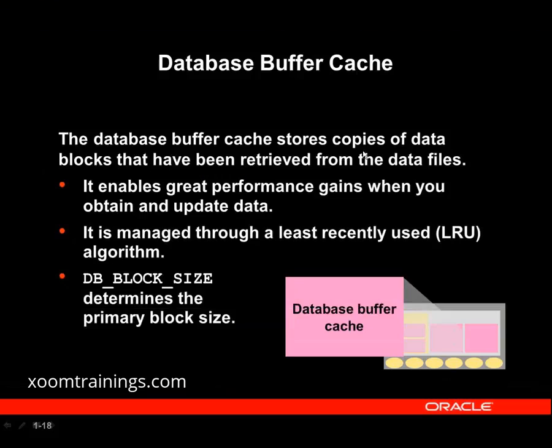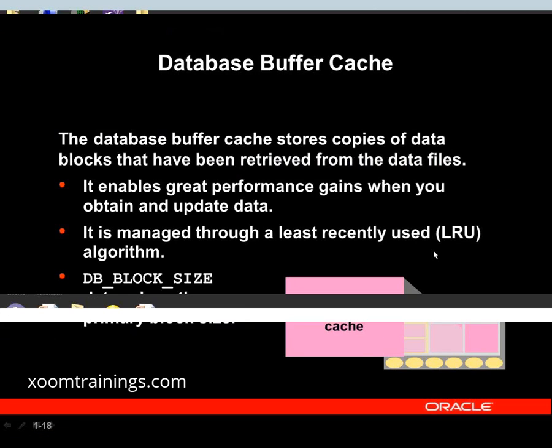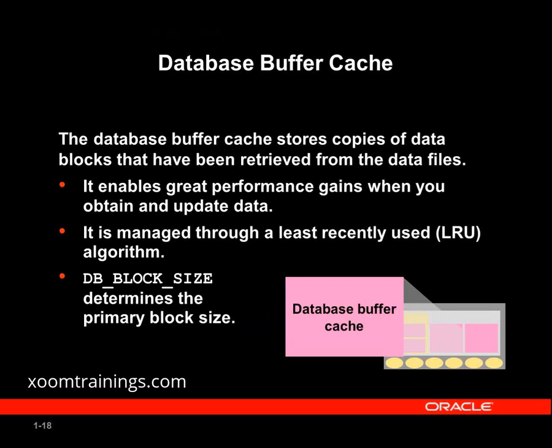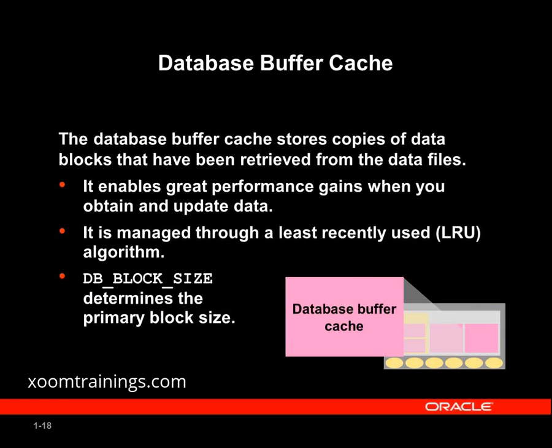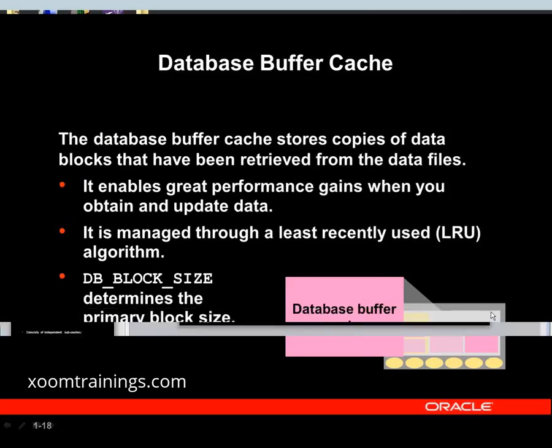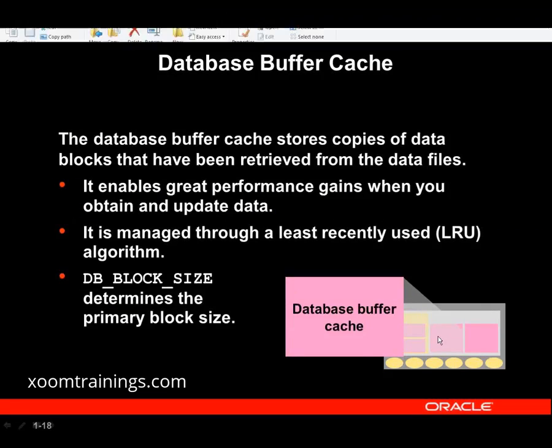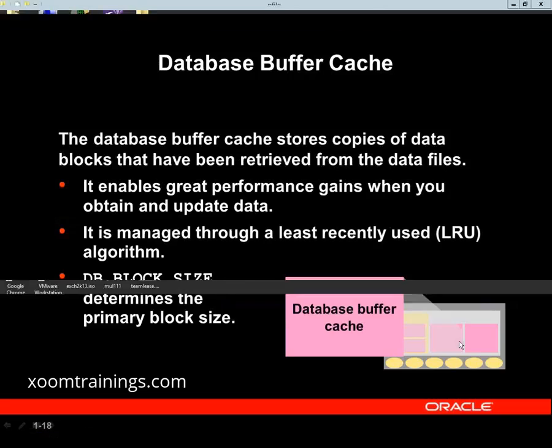The database buffer cache stores copies of data blocks read from the data files. When a request comes, the server process reads that data from the particular data file and stores those blocks in the database buffer cache. This enables a great performance gain when you obtain and update the data.